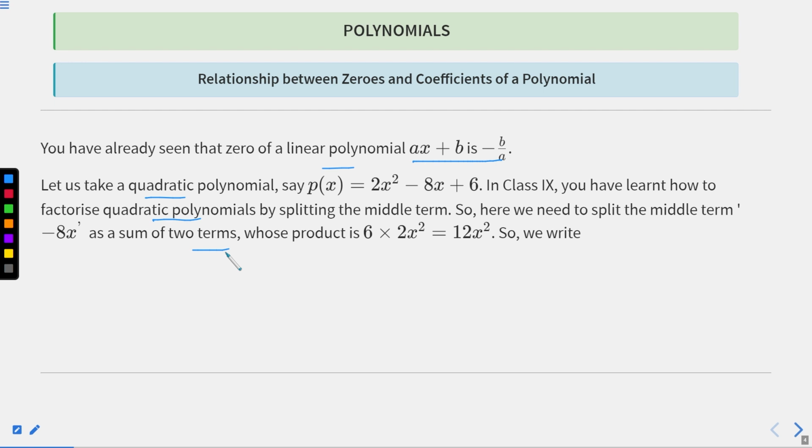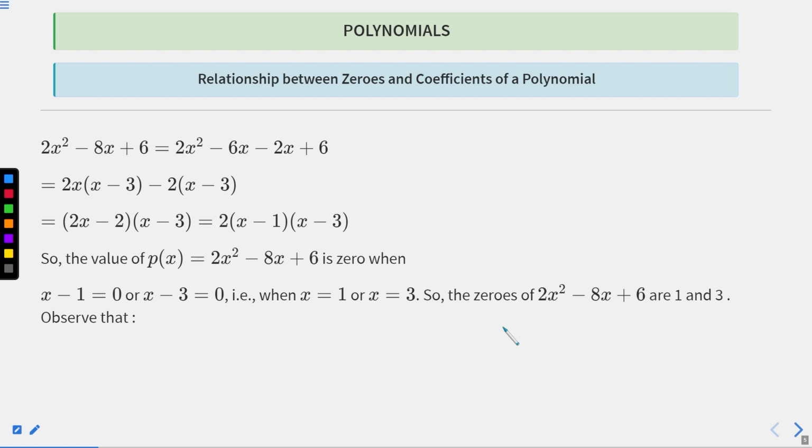So we can write this quadratic polynomial 2x squared minus 8x plus 6 as 2x squared minus 6x minus 2x plus 6, and this is equal to 2x times x minus 3 minus 2 times x minus 3.